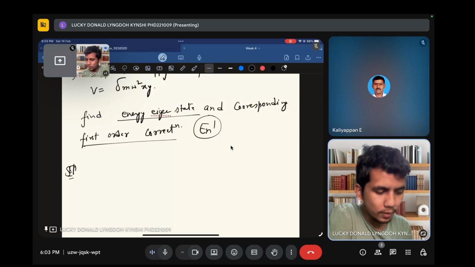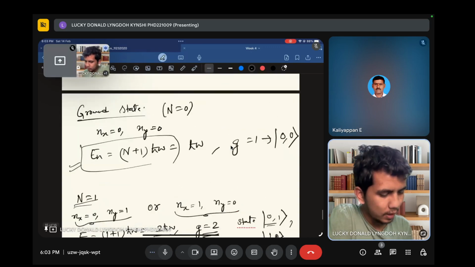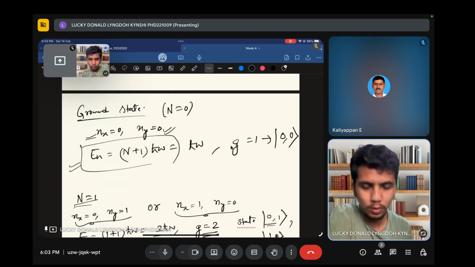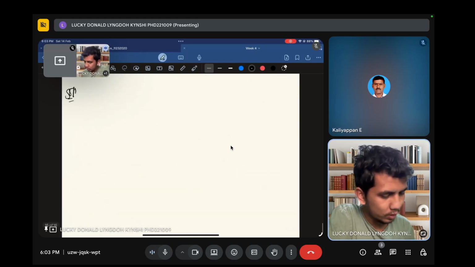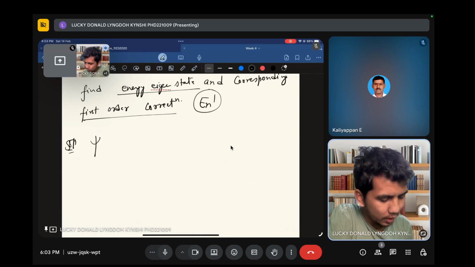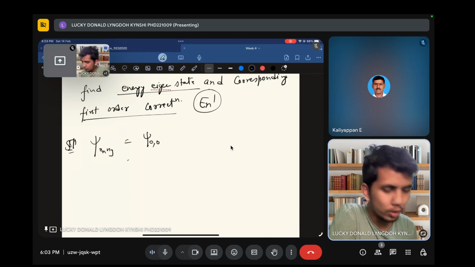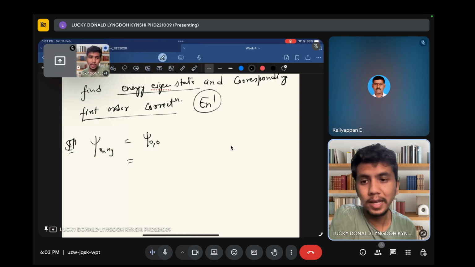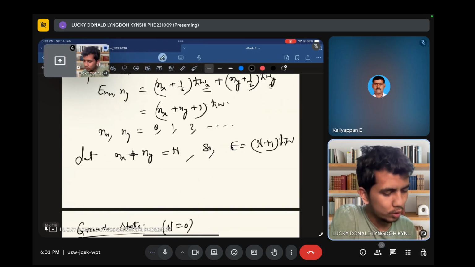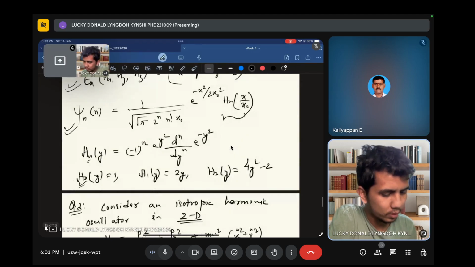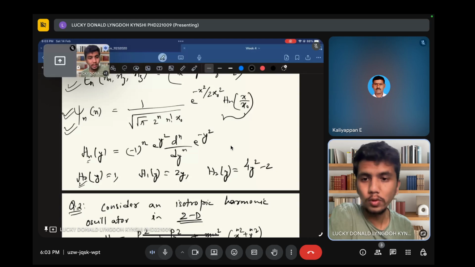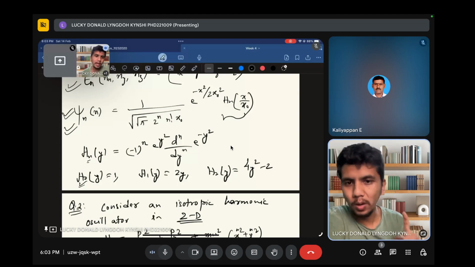Now, solution. What is the first state that we have just talked about? The first state is nx equal to 0, ny equal to 0. So that means we are talking about the wave function psi nx ny, which is equal to psi 0, 0. You have to multiply psi x into psi y with nx and ny. That means you just need to multiply these two equations, putting n equal to 0 one time for x and one time for y.